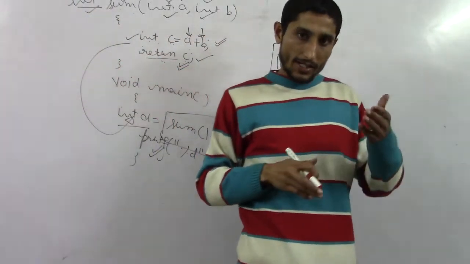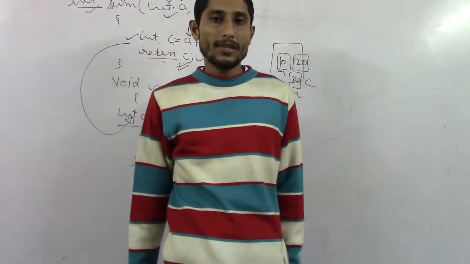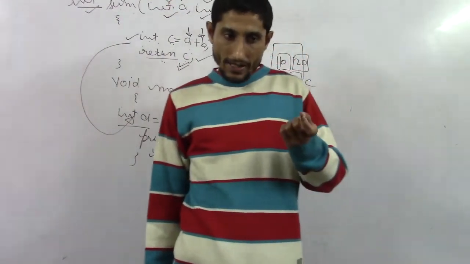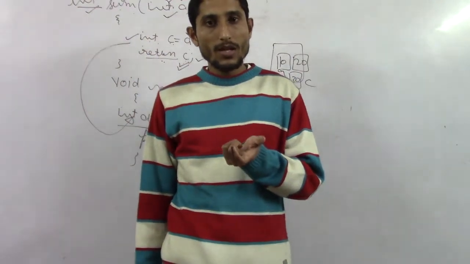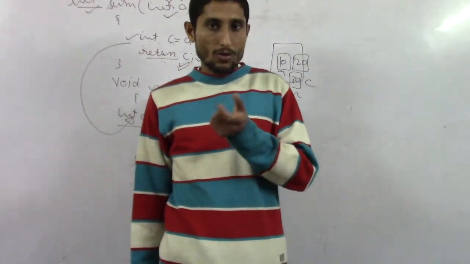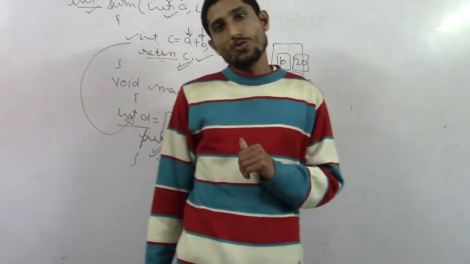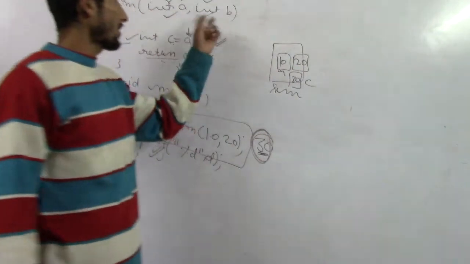So let me explain the concept of function. A function is a block of statements that can perform a specific task. While designing a function, first of all you should choose a name. After choosing the name, you can check whether a parameter is required or not. If a parameter is required, you have to pass the parameter.